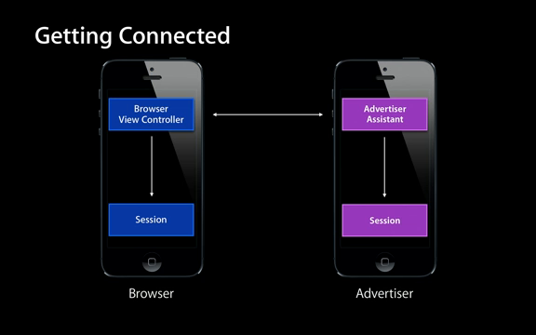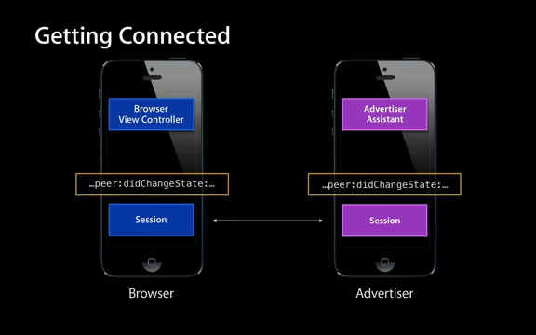Now, the browser's session object will know who the browser wants to connect to when the user taps on someone to invite, so when an invitation is sent out. The advertiser's session object will know who the advertiser wants to connect to when the user accepts an invitation. When that happens, the two session objects will attempt to establish a communication link with each other, and once they succeed, you will be notified via a session delegate method, peer did change state.